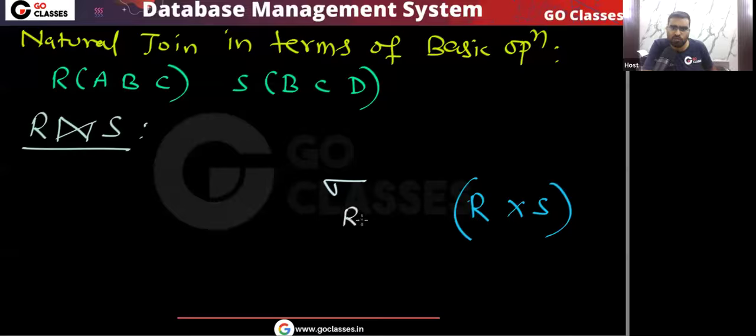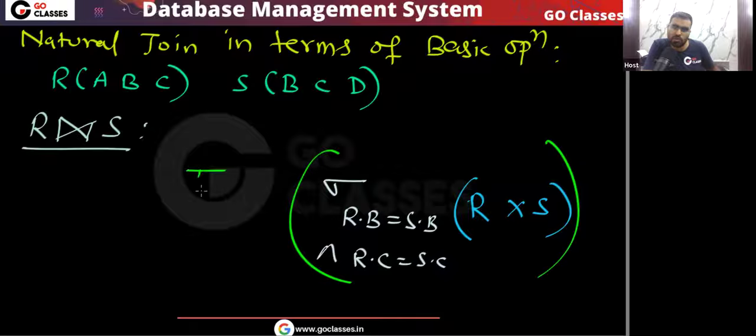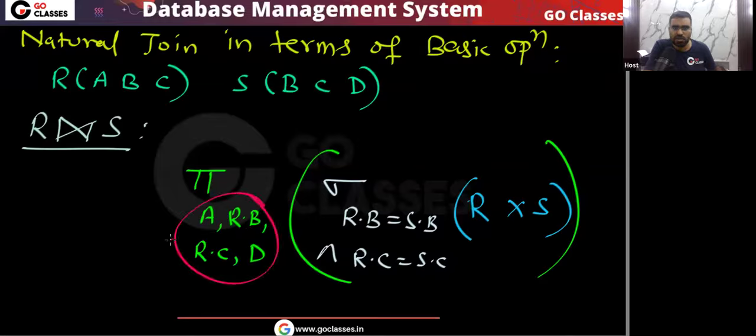So R.B should be equal to S.B and R.C should be equal to S.C. After this, what will you project? You will project only unique attributes: A, R.B, R.C, and D.